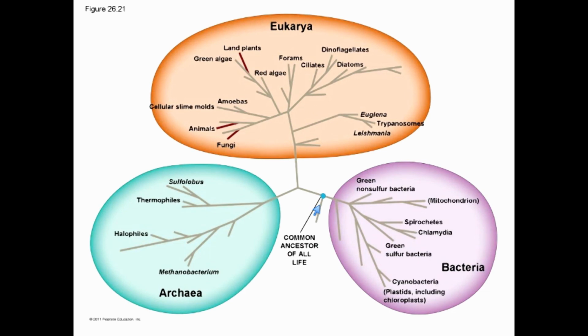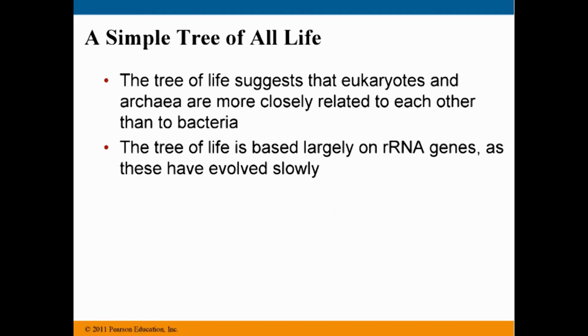So it's thought that our common ancestor, or the trunk of our tree, if you will, is right here. So bacteria is kind of on a branch by itself, and then our other branch diverged to give us the eukarya and the archaea. So those ancient archaea are actually closer to eukaryotes than they are in terms of relationship to bacteria. And this is what I just mentioned to you guys.